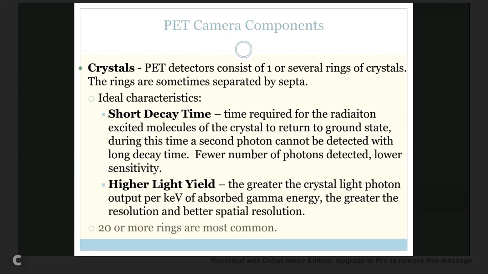Decay time is the time required for the radiation-excited molecules of the crystal to return to ground state. During this time, a second photon cannot be detected. With a long decay time, fewer photons are detected, and if you have fewer photons detected, then you have less sensitivity. Basically, you don't want multiple photons striking the same crystal at the same time.